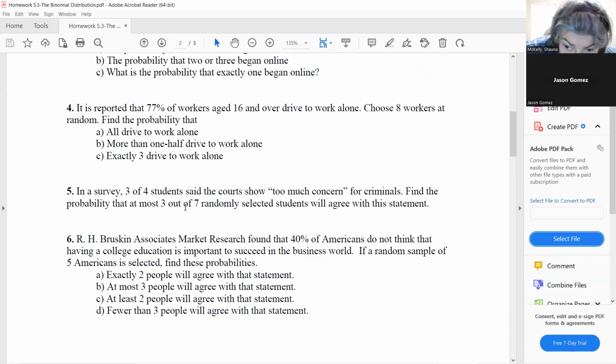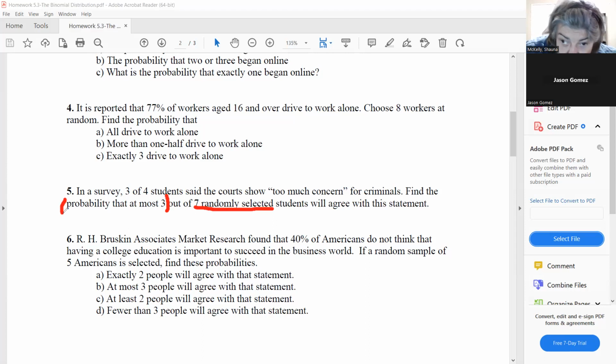In this case, that might be where it's getting a little bit confusing. Right here, we interviewed 7 randomly selected students. We want the probability that at most 3 agree with our statement. So at most 3 people.